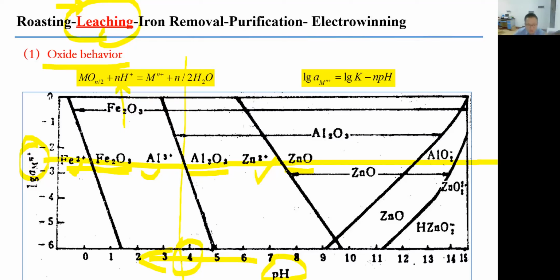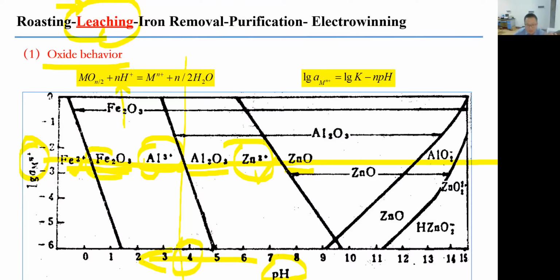if we hypothesize the concentration with the value of the activity, we can find out that at this pH value, the alumina will stay as cations in the solution, and zinc will be present as cations, along with some other elements.